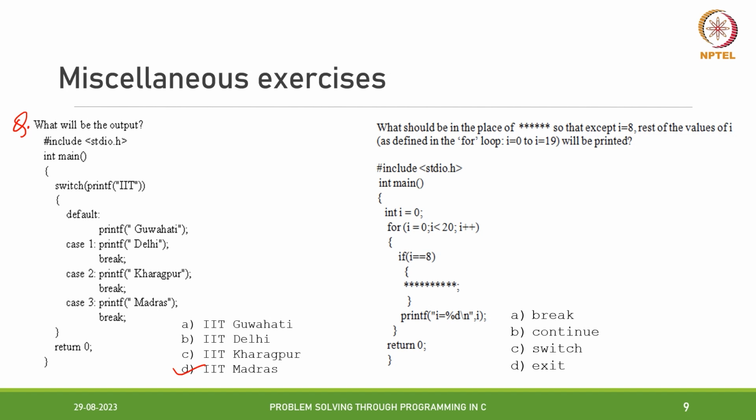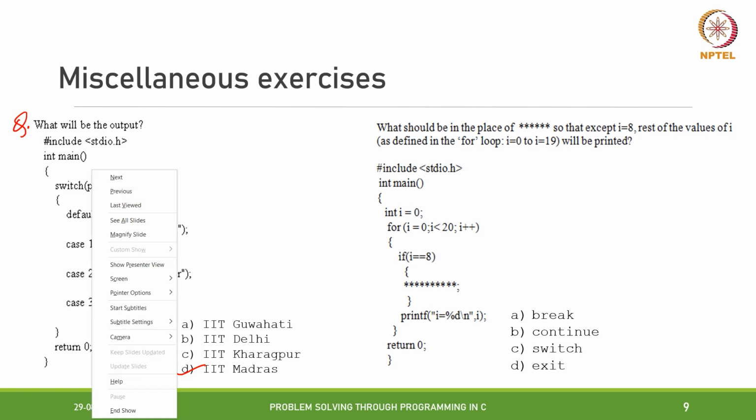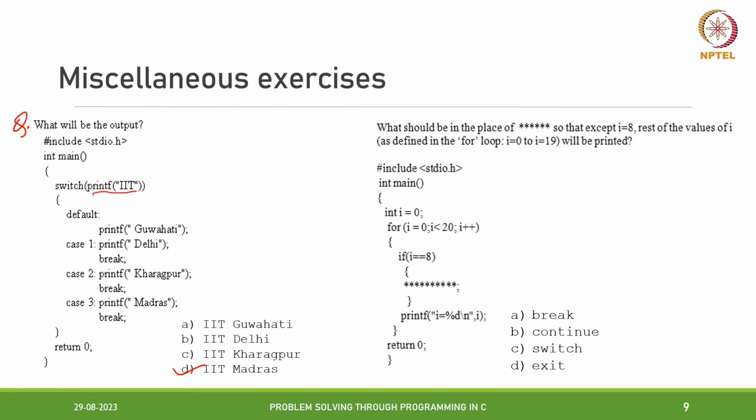It's not because I am from IIT Madras. There is a reason for that. So basically, this printf IIT, these are three characters, right? When you write the switch statement, you usually write some switch of x, where x is some number, some integer.